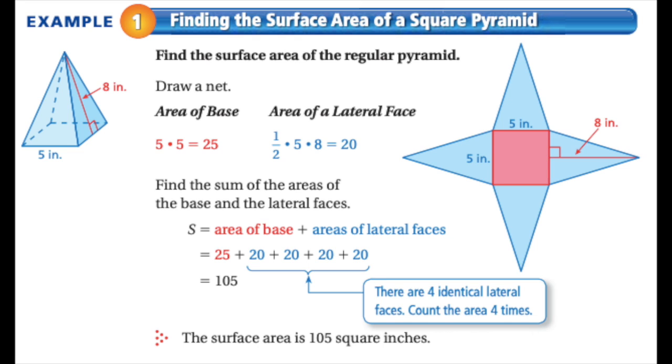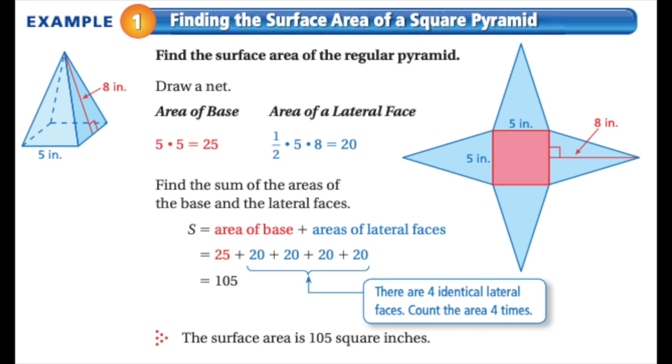Each of the triangles has a base of 5 and a height of 8. Notice again, that's the slant height of the object, telling you that the face, or the triangle within that pyramid, is 8 inches tall.